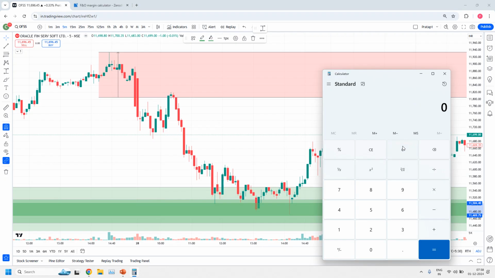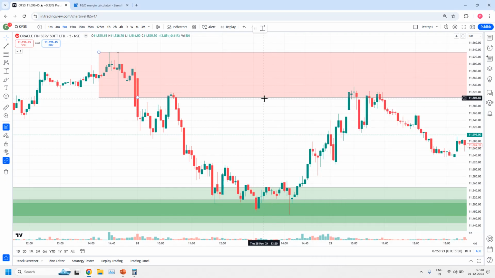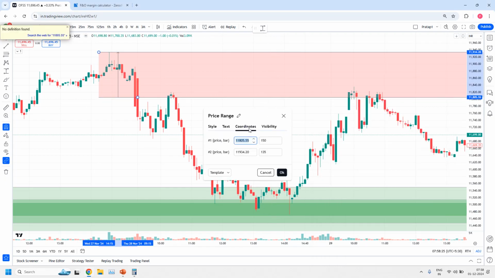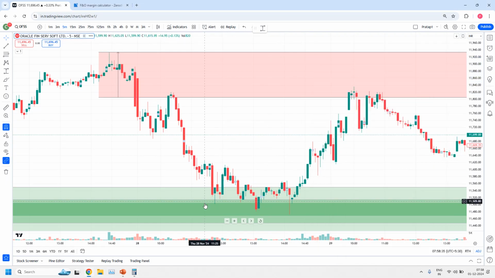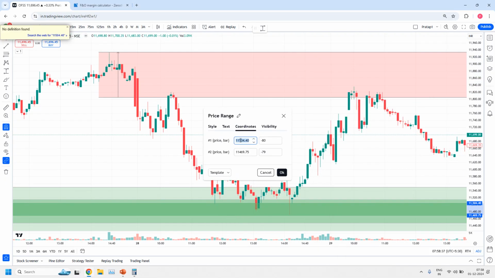So sorry, I created some mess. Let me copy again. So this is the entry, 11,805.55 paisa. And this is 11,504.40 paisa.